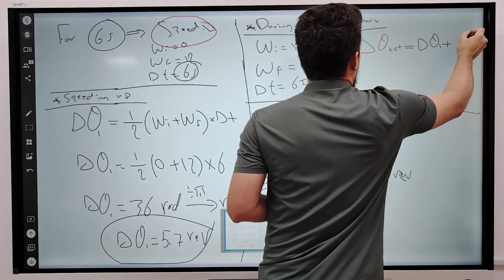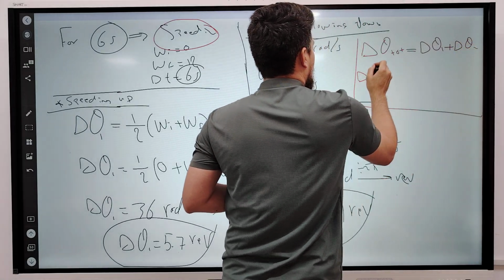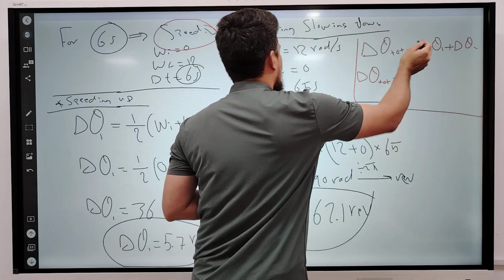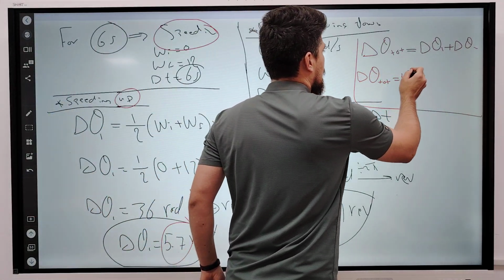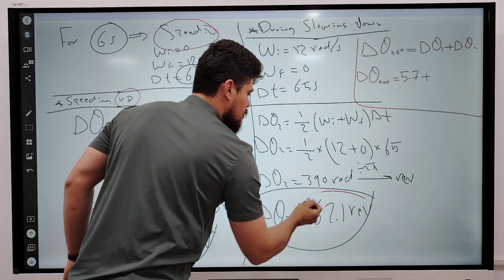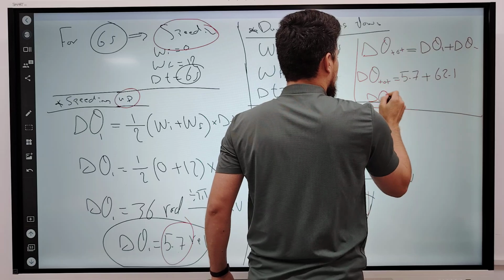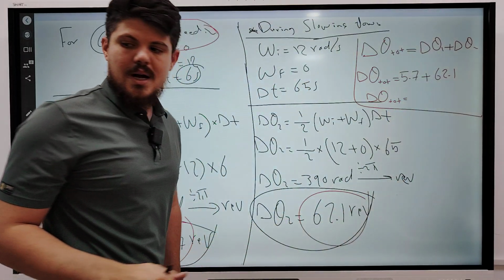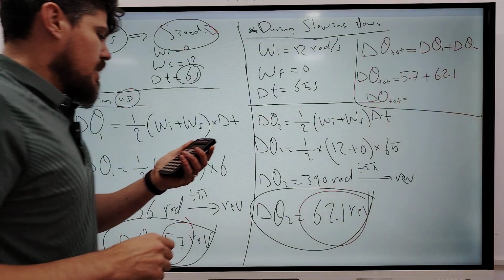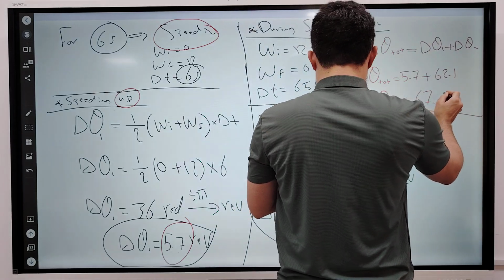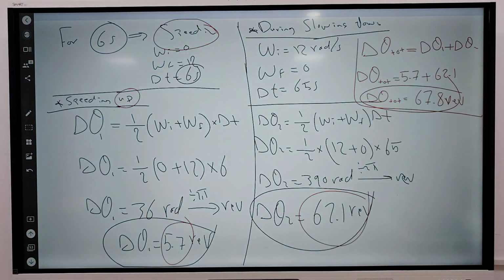Theta number 1 during speeding up, which was 5.7, plus theta number 2 during slowing down, which was 62.1. So theta total in 71 seconds is equal to what? We have to add up these two numbers, 62.1 plus 5.7, which is 67.8 revolution in the entire 71 seconds.